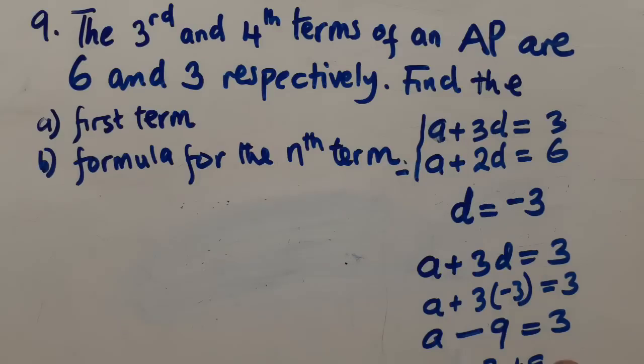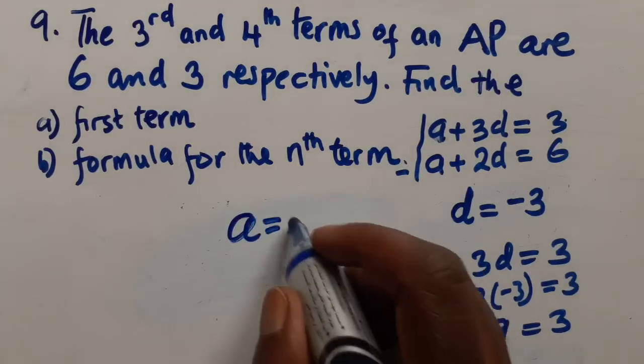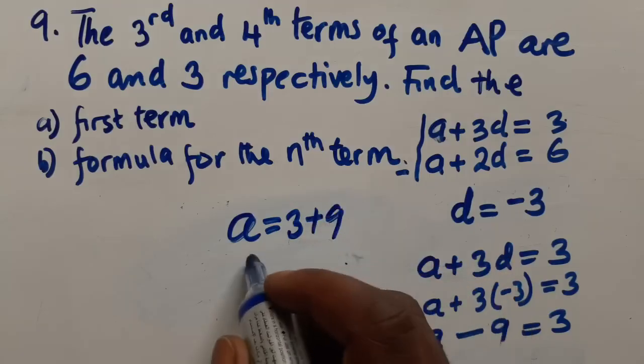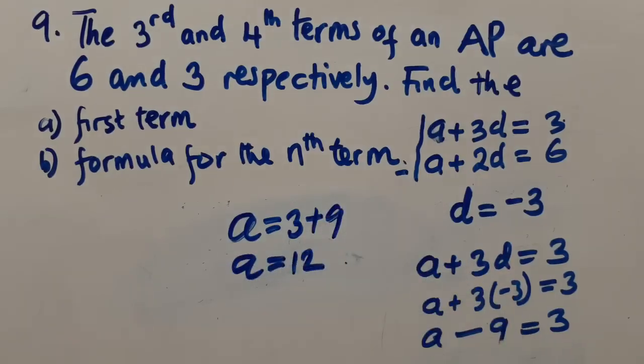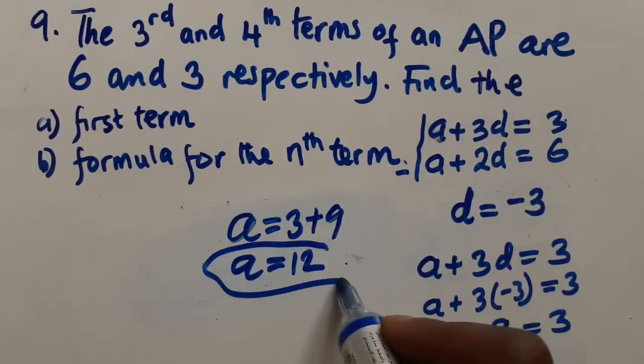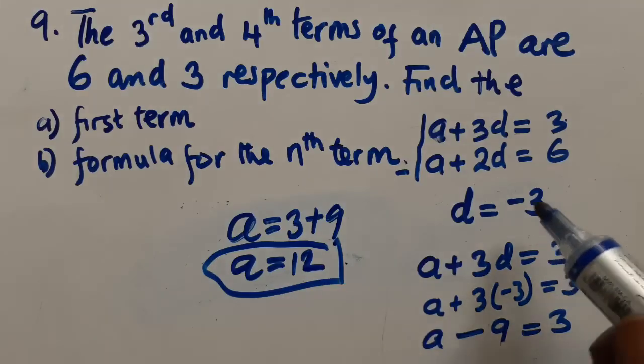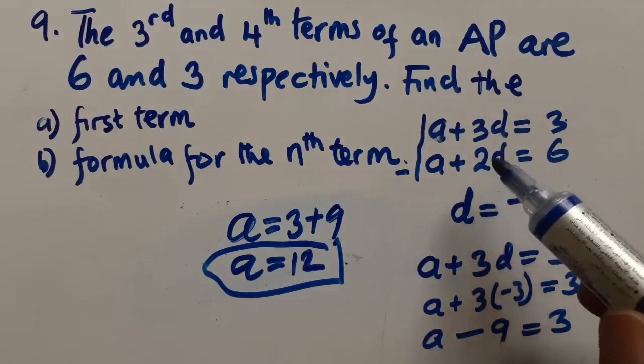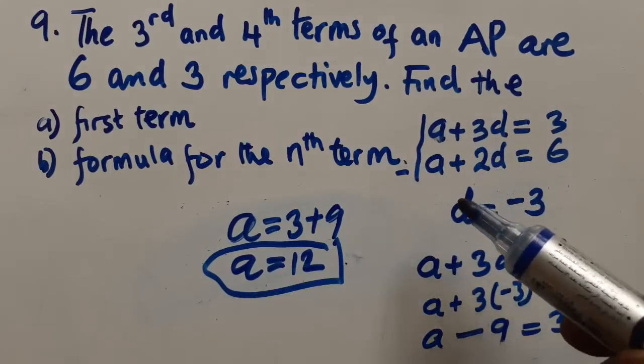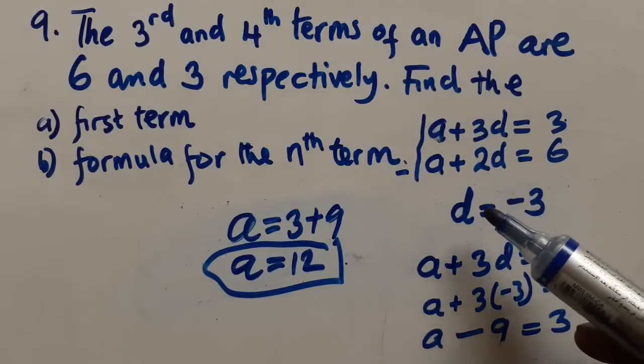From this point we can say A is equal to 3 plus 9, then A will be equal to 12. So A is the first term. If you want, you can try it and see what you are going to get.